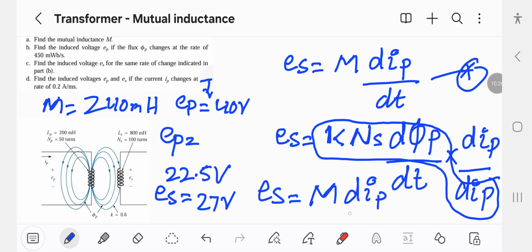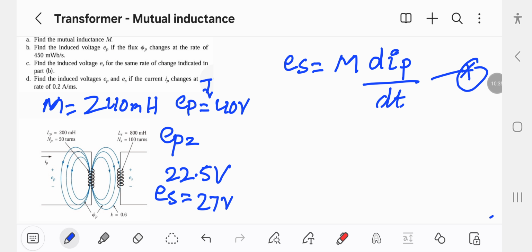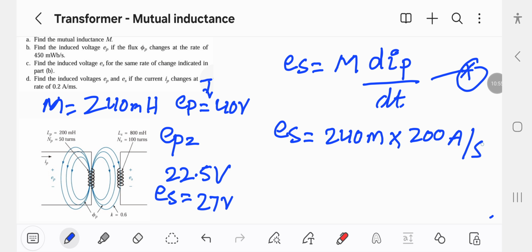And now let's put all the values in this equation. So mutual inductance is 240 millihenry, and this rate of change is 200 ampere per second. Now if we solve this, this is equal to 48 volt.